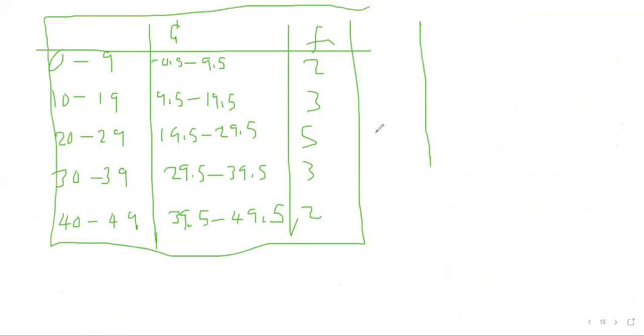Here we are starting from 0.5 to 9.5. Then we have 19.5, 29.5, then 39.5 and 49.5.